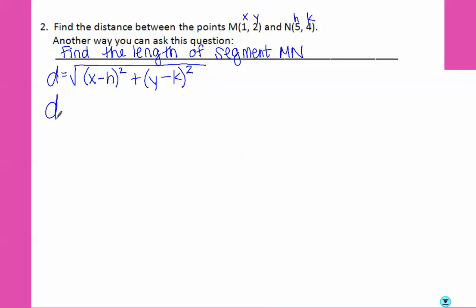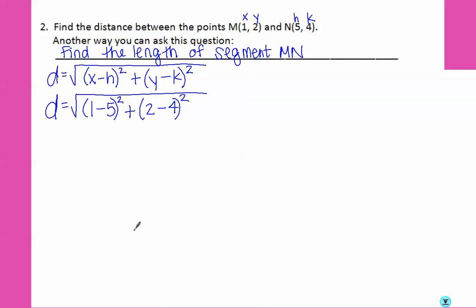We're trying to find the distance, so that equals the square root of (X is 1 minus H, which is 5), close your parentheses, squared, plus (Y is 2 minus 4), close your parentheses, squared. So we think back to order of operations.